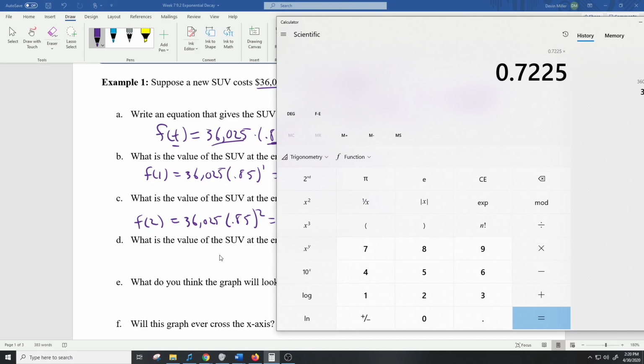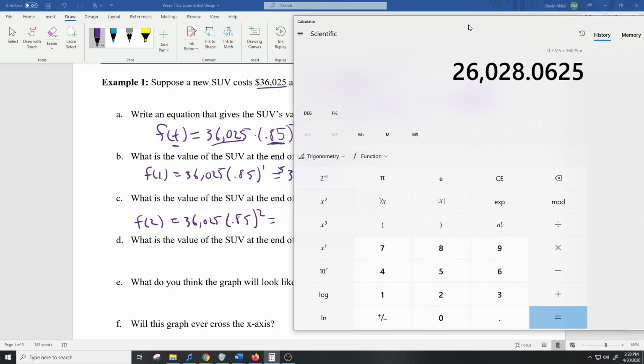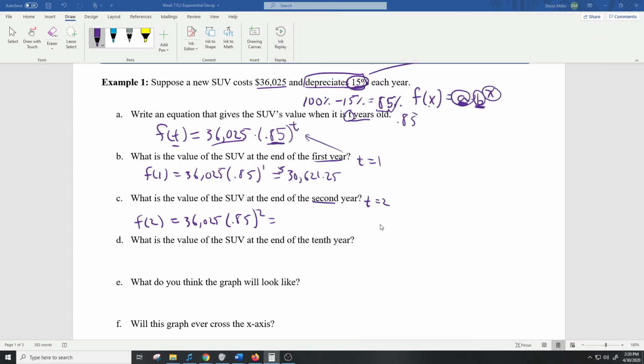Then we multiply that by 36,025. Now we've dropped all the way down to $26,028.06. So within 2 years, we've dropped almost $10,000 on this SUV. If you were to turn around and sell it after 2 years, it's only worth $26,000.